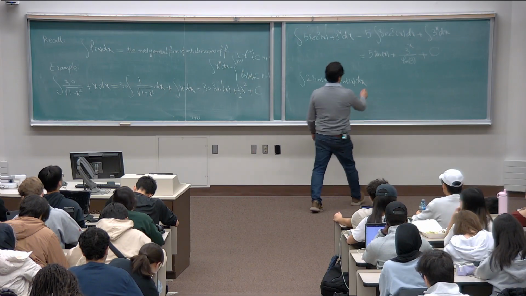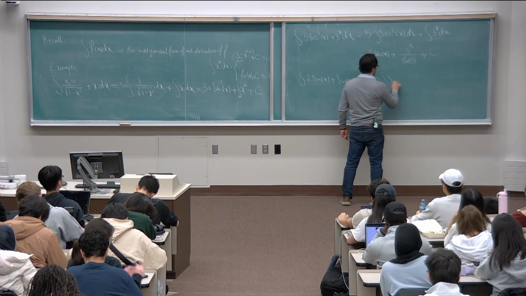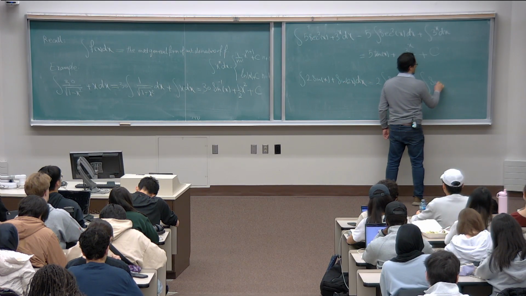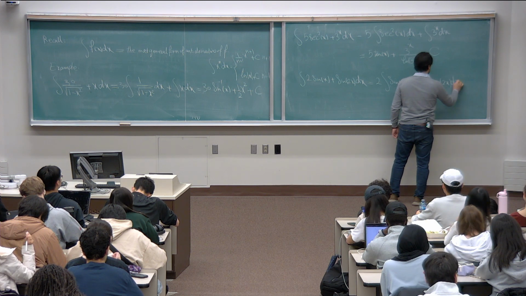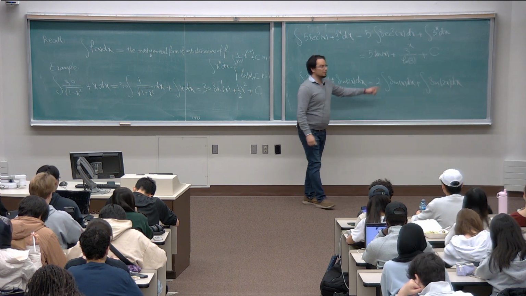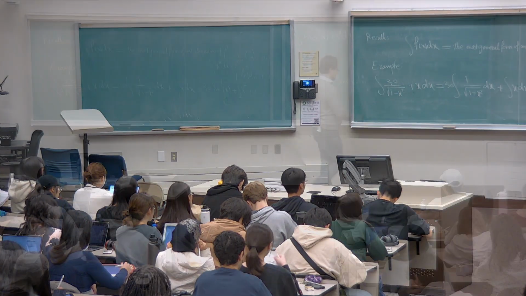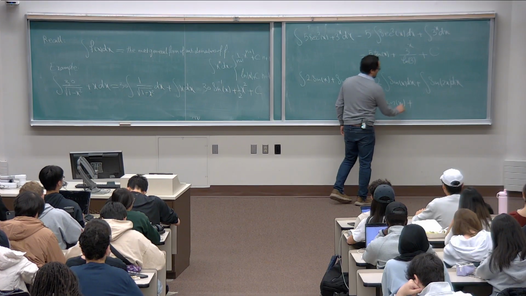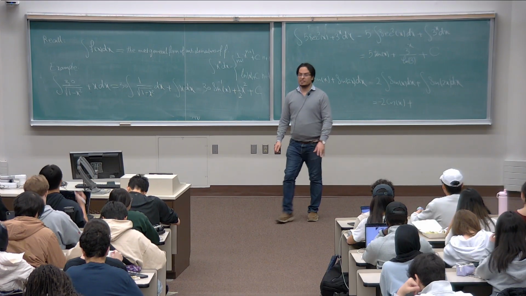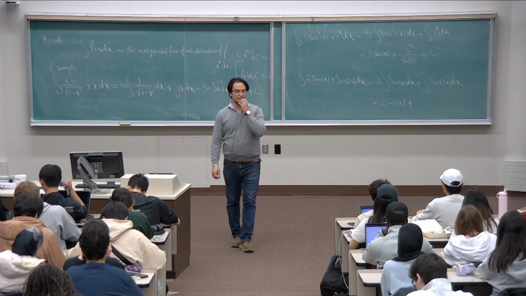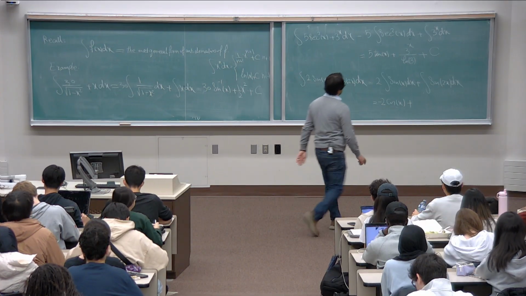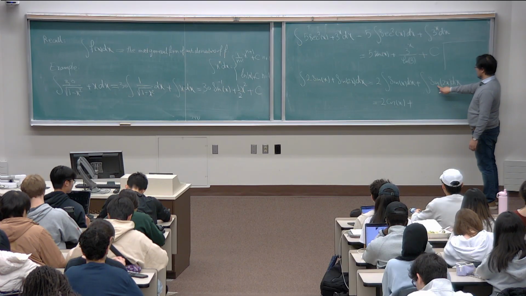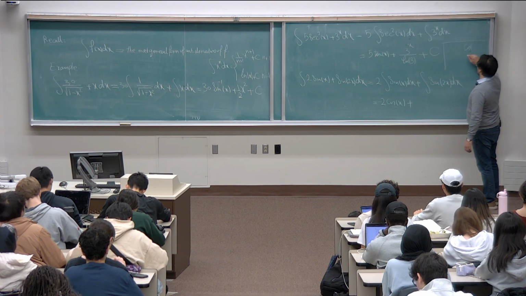Here I have 2 integral of sine x dx plus integral of sine 2x dx. Antiderivative of sine x is negative cosine x. Antiderivative of sine 2x. Okay, so I can say that, if it is sine, it is coming from cosine.